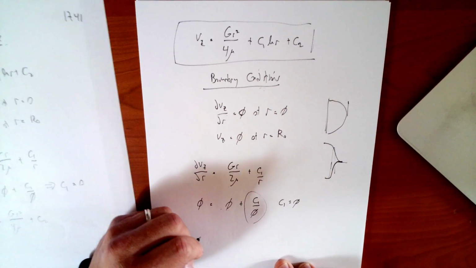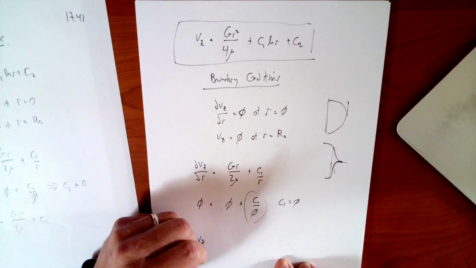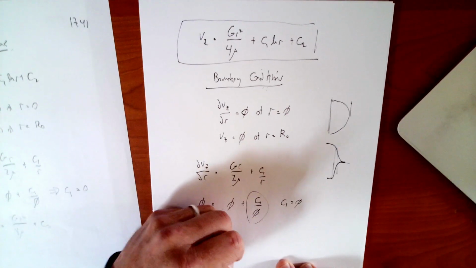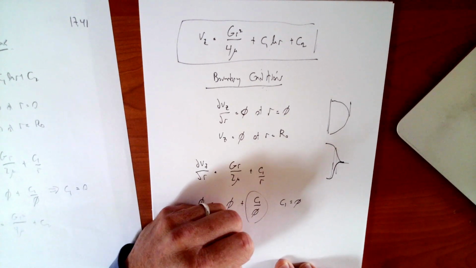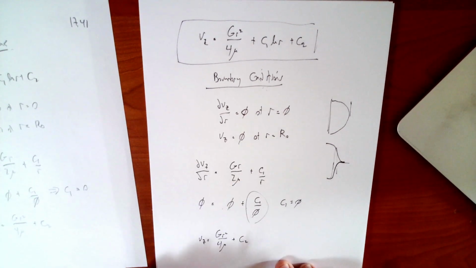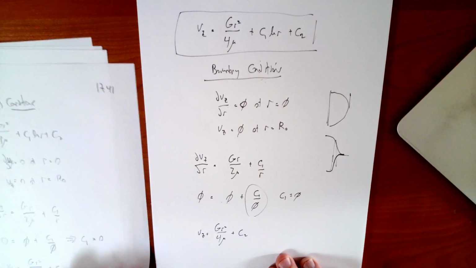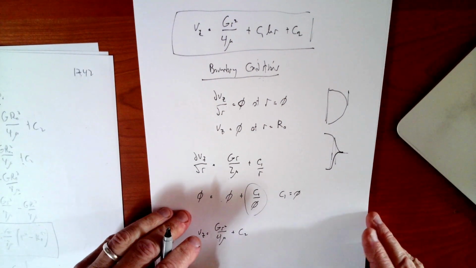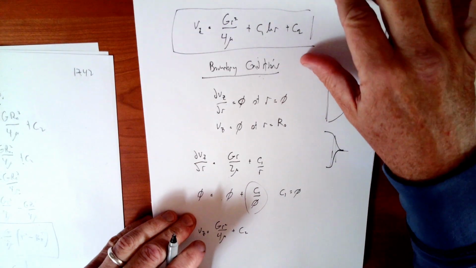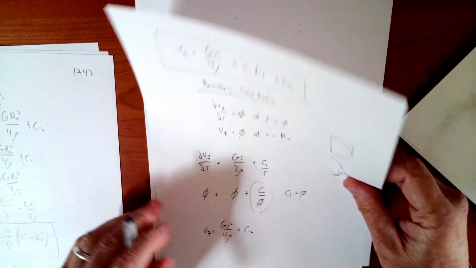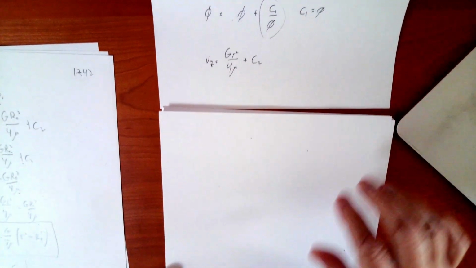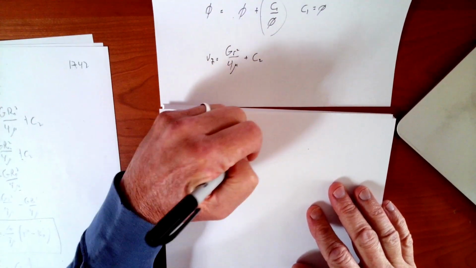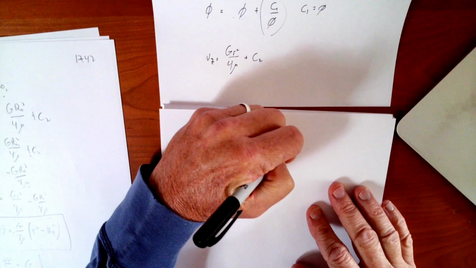We update our solution. We get that Vz is equal to gr squared over 4 mu plus c1, which is now 0, plus c2. So that's our updated solution. Very simple. Now we'll apply our second boundary condition. Second boundary condition is that Vz goes to 0 at r equals r naught. So Vz is equal to 0 at r equal to r naught.